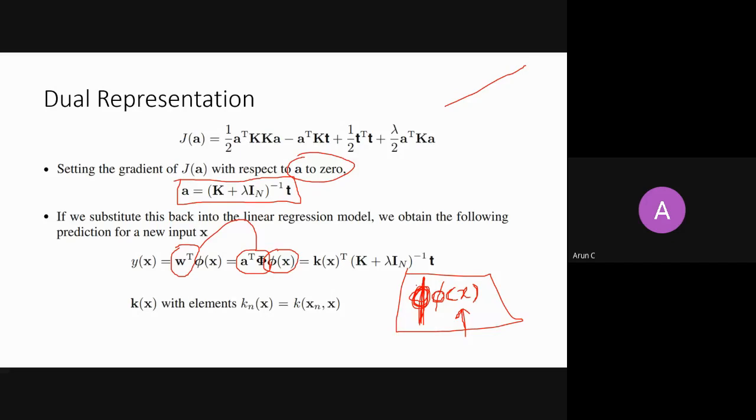So how do I see phi? Phi is nothing but my samples in rows, right? Sample 1, sample 2, and so on. So each sample I have projected into m dimensions. So my matrix will be n by m, right? N samples are there and each sample is projected into m dimensions using the basis function. Now I want to predict for some new x.